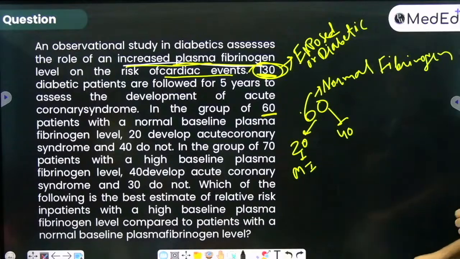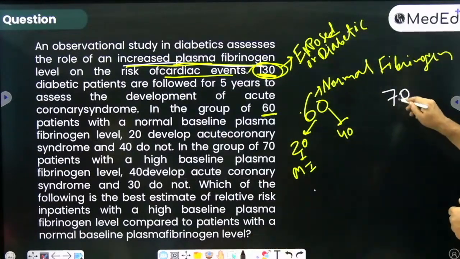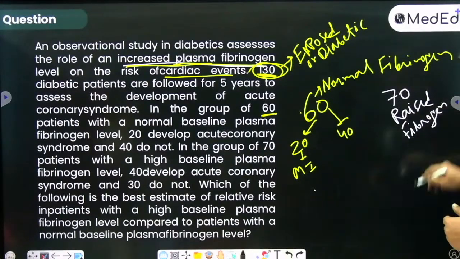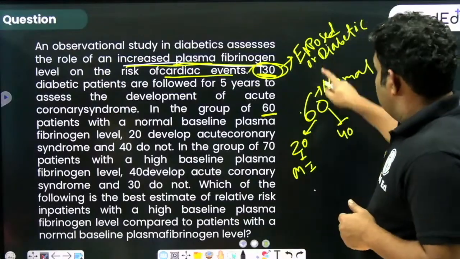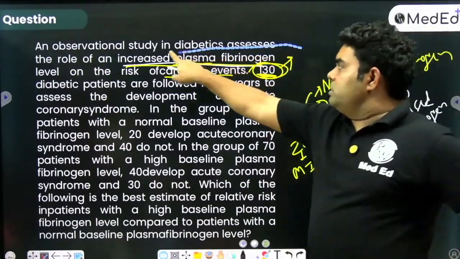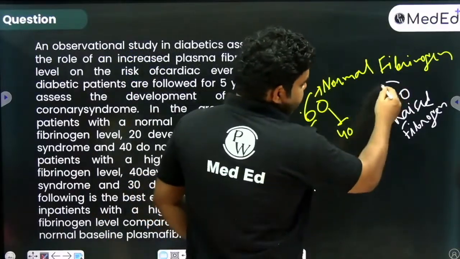But then there is the other group of 70 people who have raised fibrinogen. So that means 130 in total, and the exposed are these 70 with raised fibrinogen.